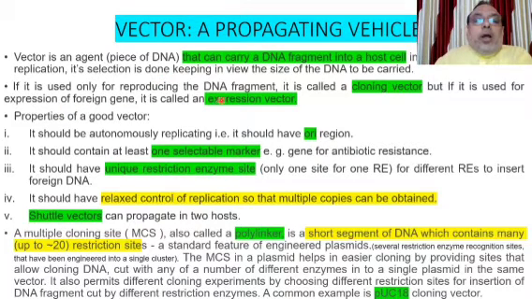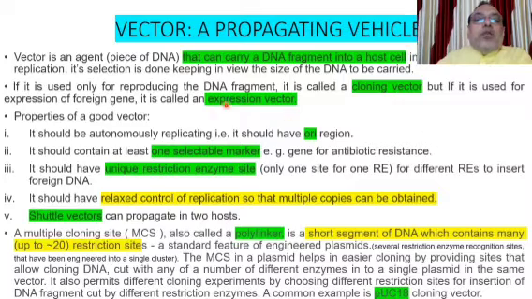So the vector may be classified as cloning vector and expression vector. In a cloning vector, we make multiple identical copies of that DNA fragment. A clone is a genetically identical copy. So if we have a stretch of DNA and we are trying to obtain many copies of that DNA, then we will go for the cloning vector.